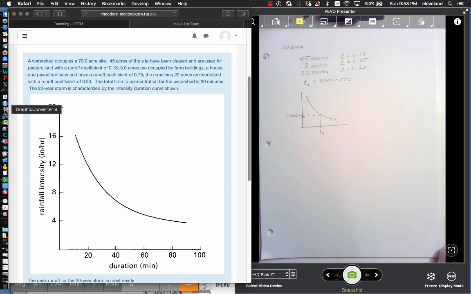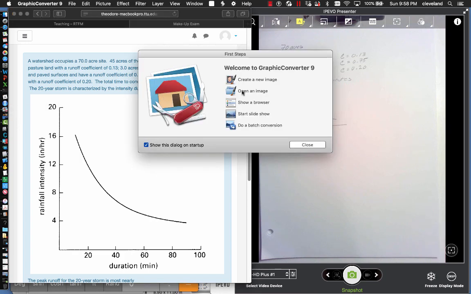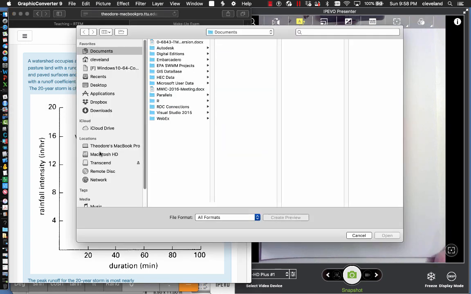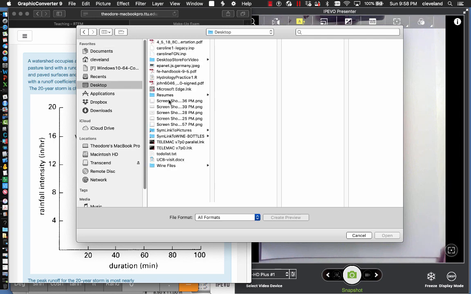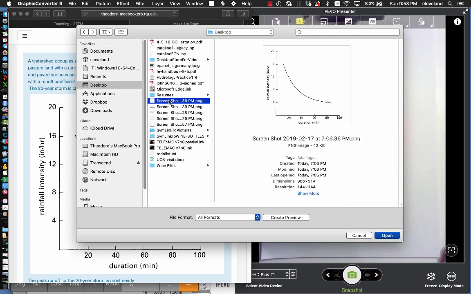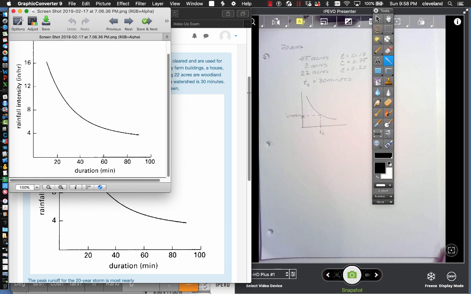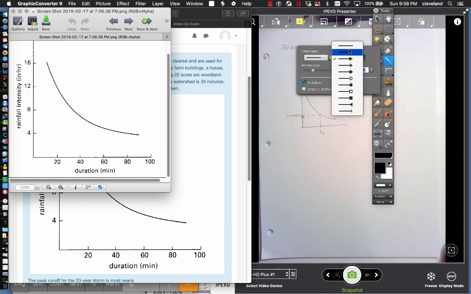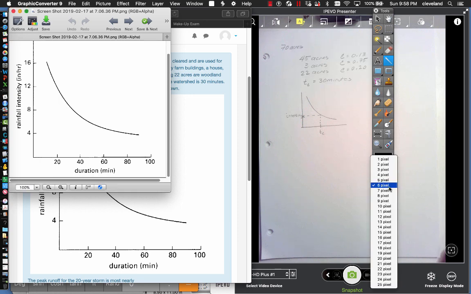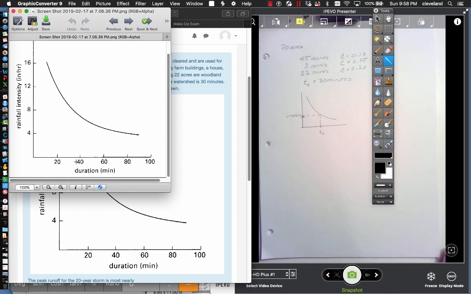Open that up in graphic converter. Let's get some drawing lines in here. So 30 minutes is between 20 and 40.